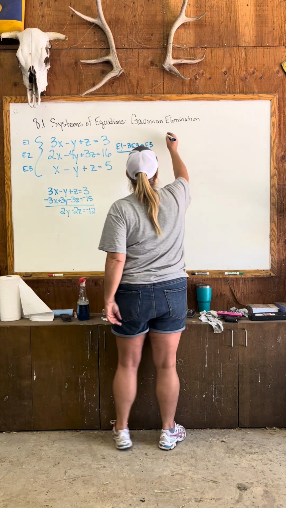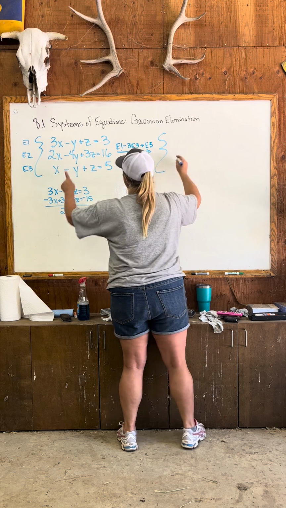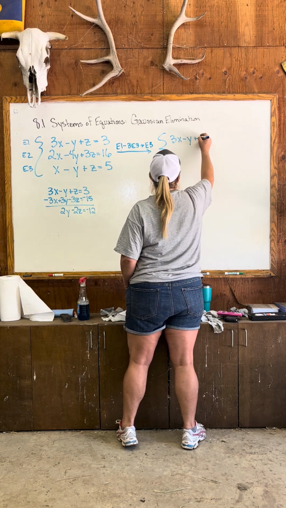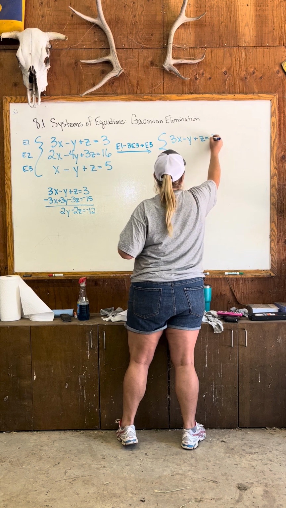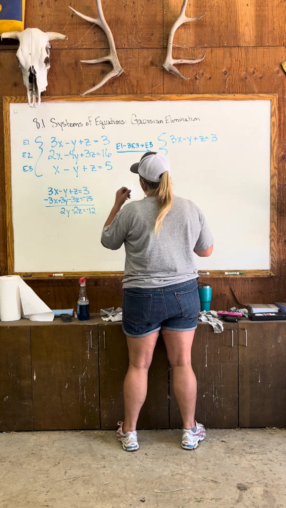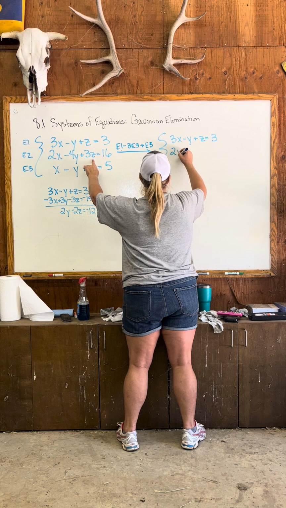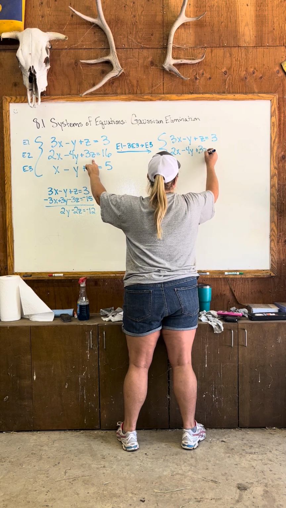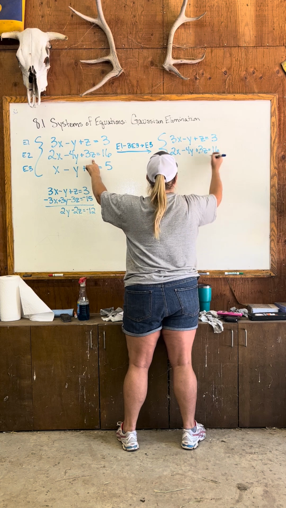So what we can do here now is we're going to rewrite this as 3x minus y plus z equals 3. Then the middle guy we didn't touch at all. 2x minus 4y plus 3z equals 16.